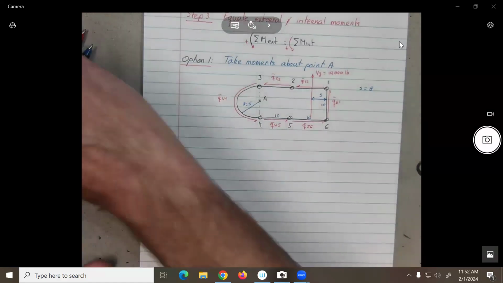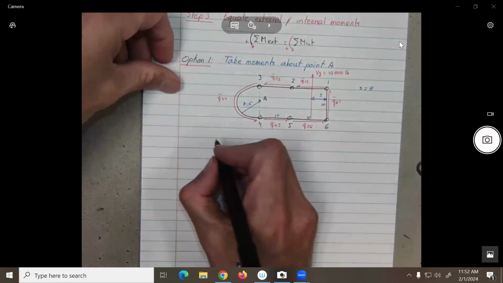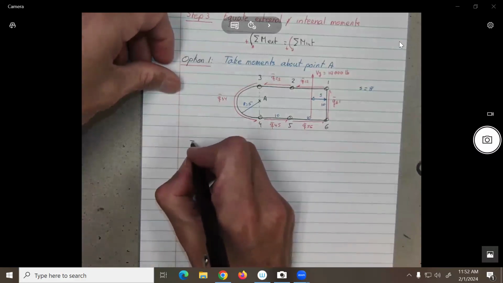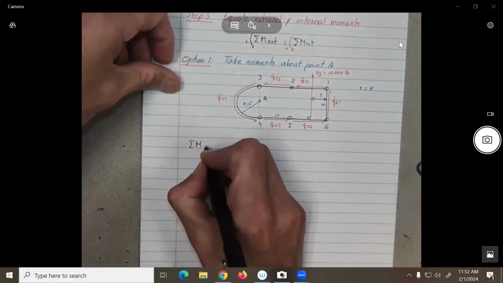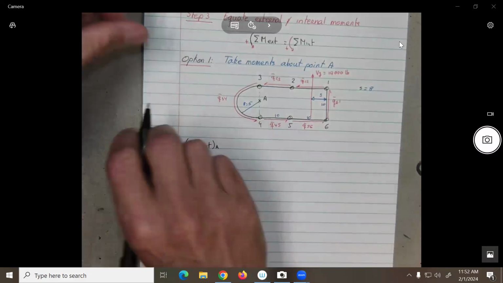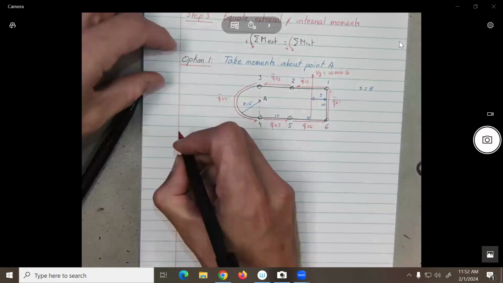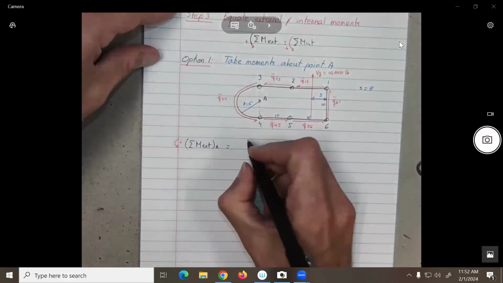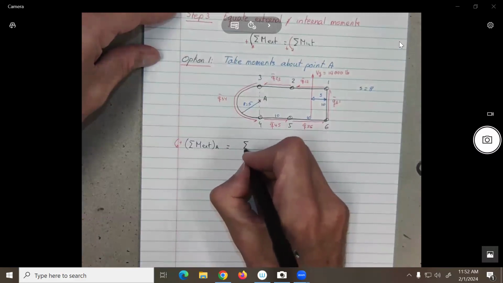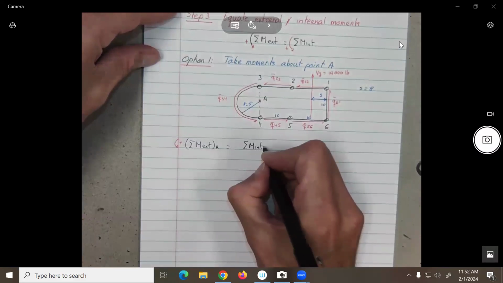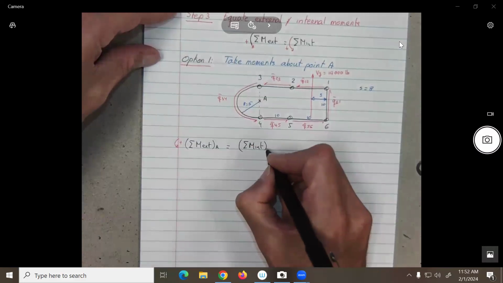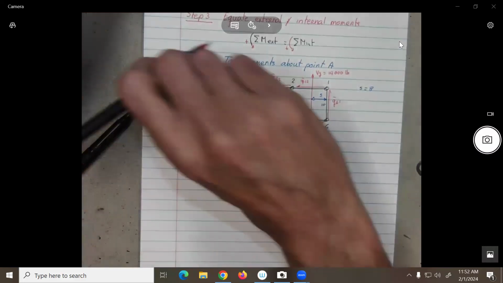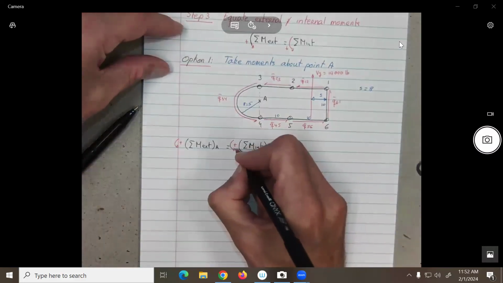Okay, so basically, the equation I'm rewriting is taking summation of moments, external, about point A, equal to the summation of internal moments. Obviously needs to be about the same point, point A, and so on.